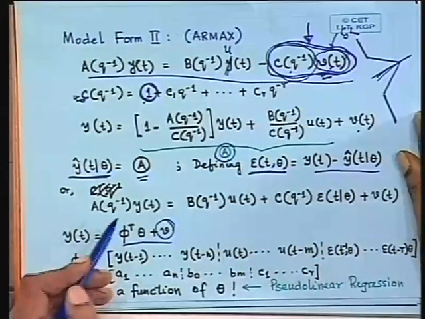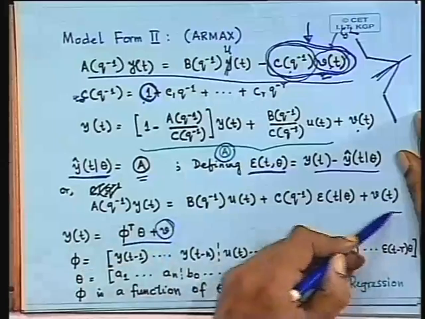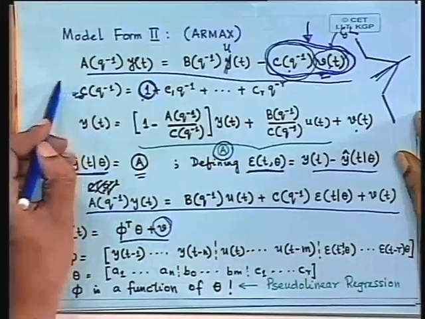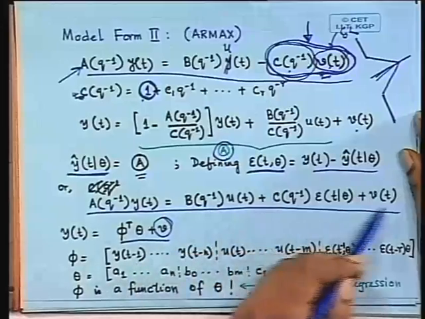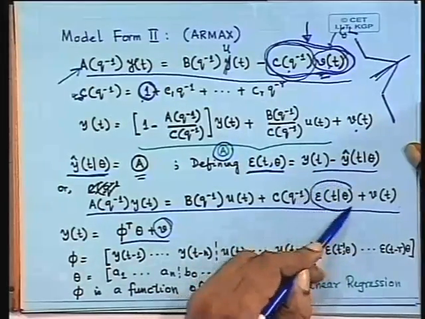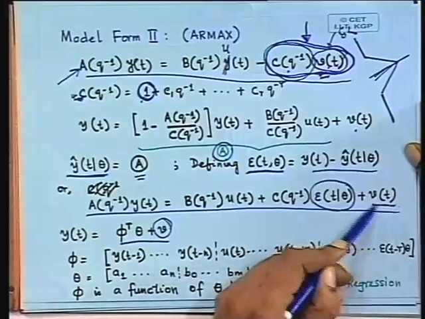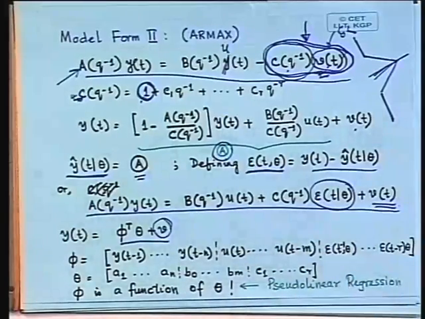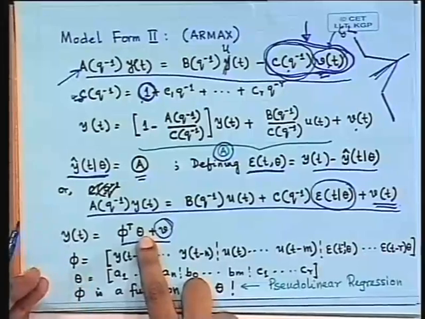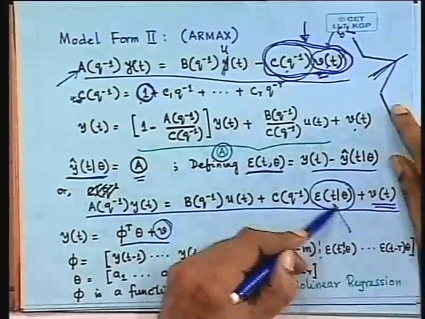So now you see that you can write the same equation in terms like this, where this is a prediction error and this is V. Once you can write it in this form, then you know that you can put it in phi transpose theta. What is the catch? How do you know this?